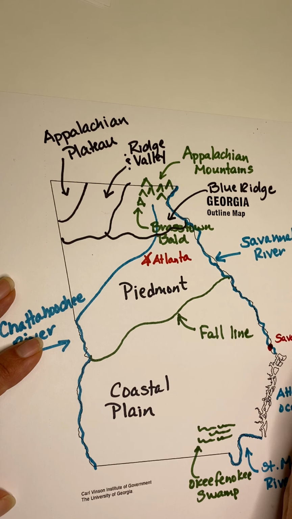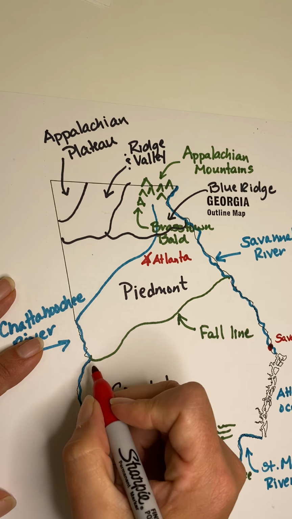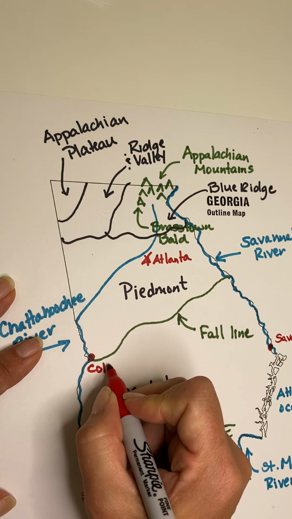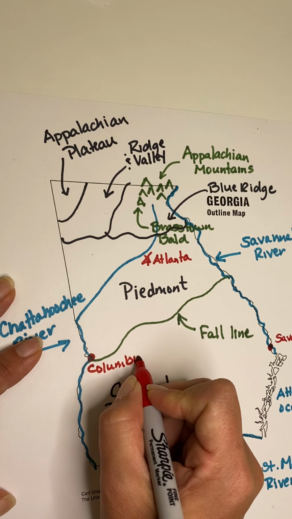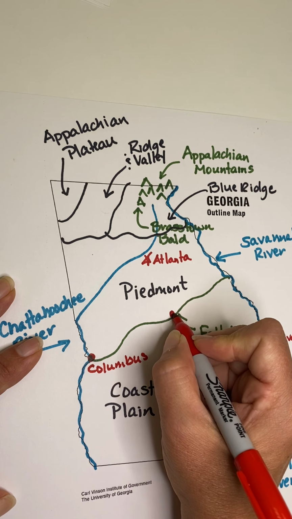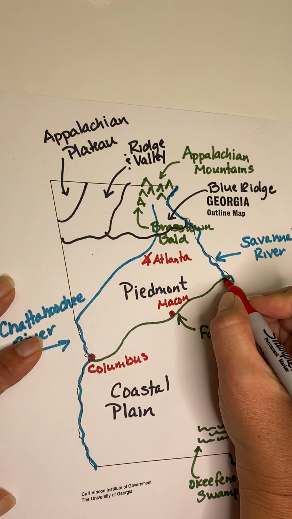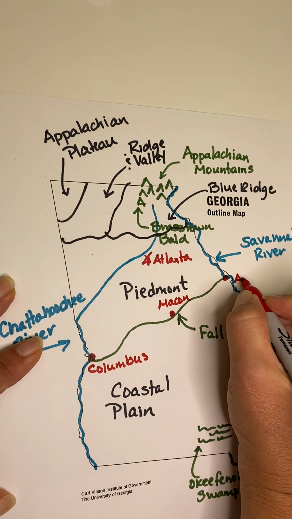We're going to learn a lot about Savannah in our first few history units. Then we have the 3 cities along the fall line. We have Columbus, we have Macon, and we have Augusta.